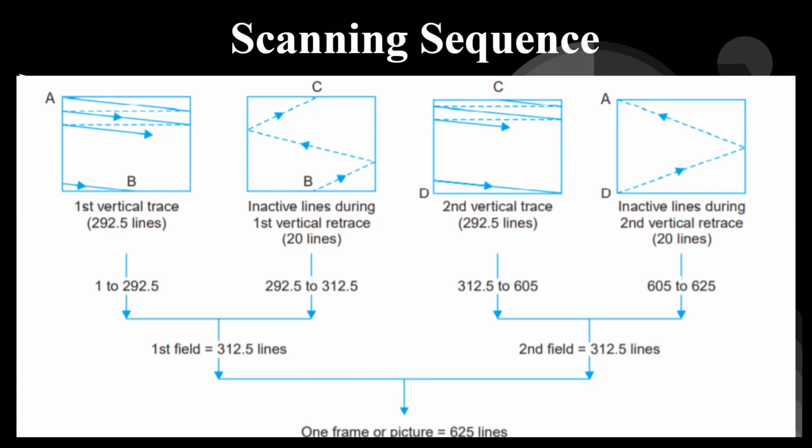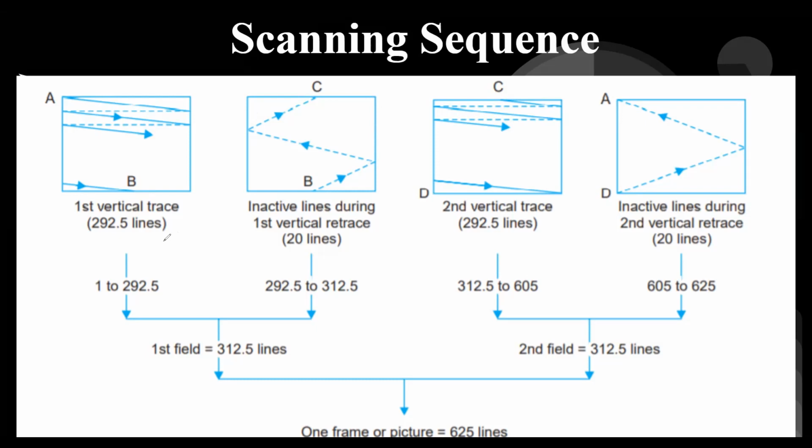So you are able to get 605. Clear? 605. So here 605 lines are kept for maintaining the scanning.